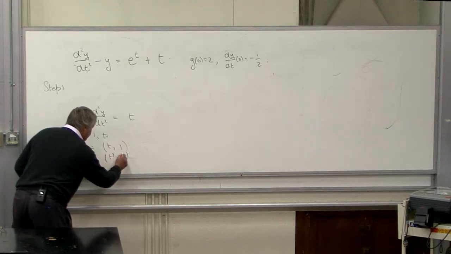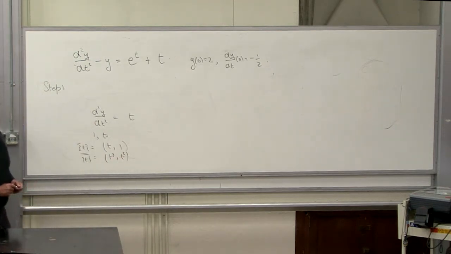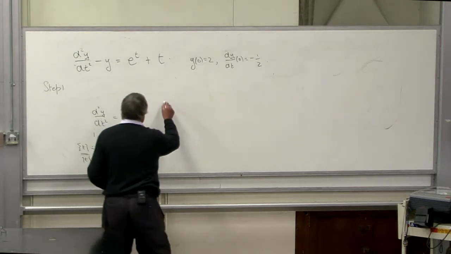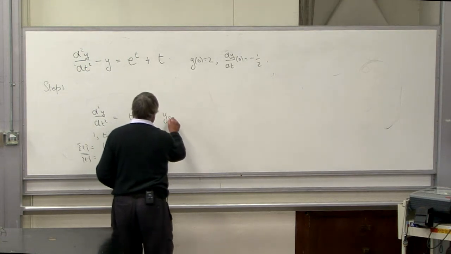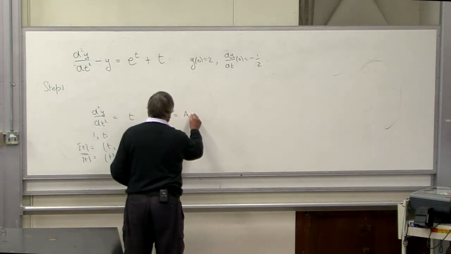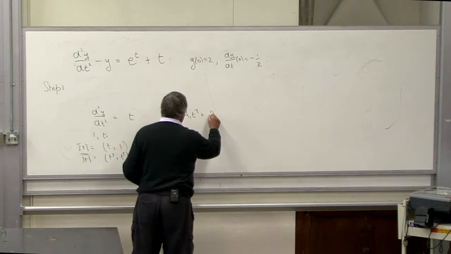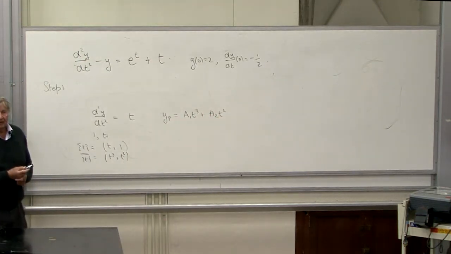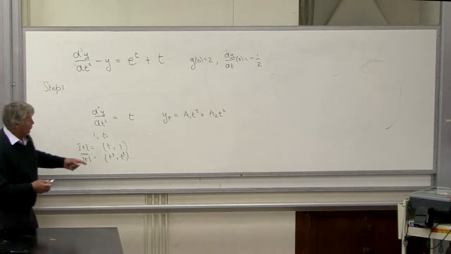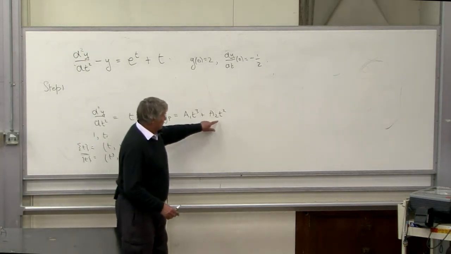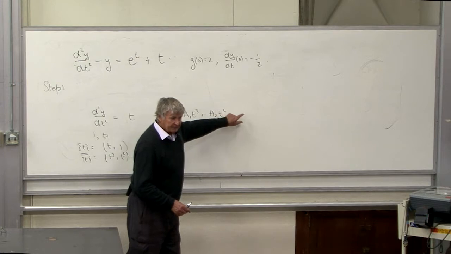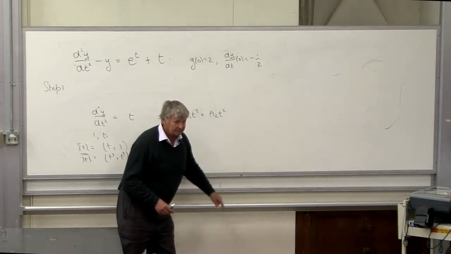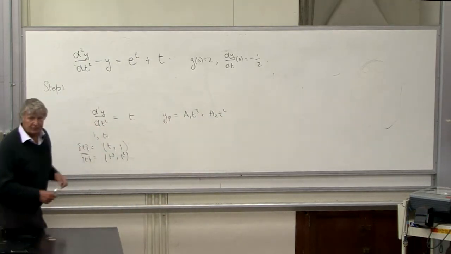So t cubed and t squared. Then we look for a solution in the form yp equals a1t cubed plus a2t squared. And the general solution will be a1t cubed plus a2t squared plus at plus b, because that's the solution of the homogeneous equation.